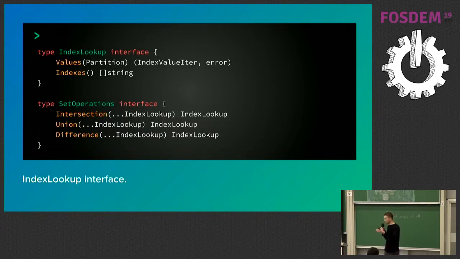It just gives you the iterator based on the partition. But the index lookup may implement the set operation interface, and if you implement it, then you can merge lookups by intersection, union, and difference. As a result, you will get another lookup and get the values. So this is how merging works.